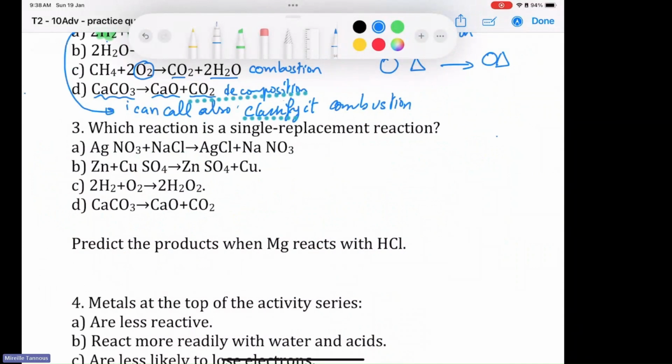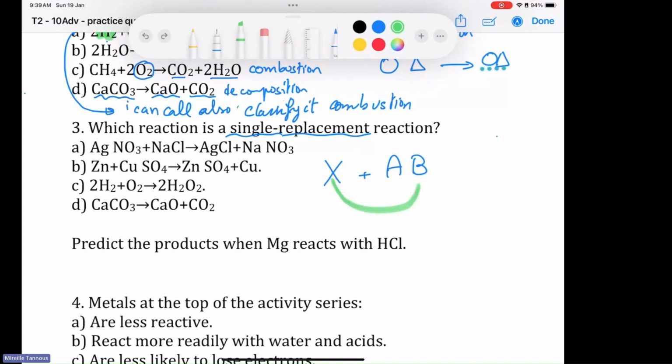The next question: which reaction is a single replacement? In a single replacement reaction, you always have an element added to a compound. Now, if this element is a metal, we will check if it can replace the metal in the other compound.